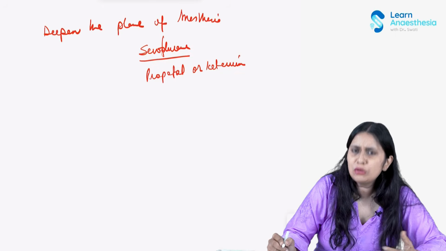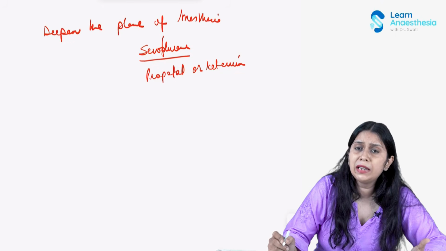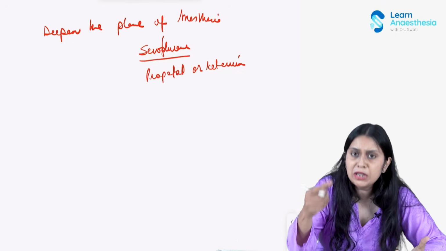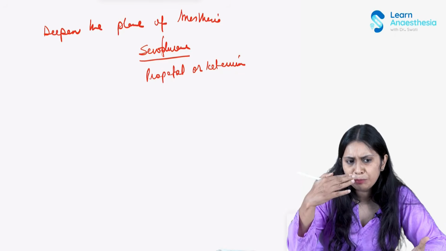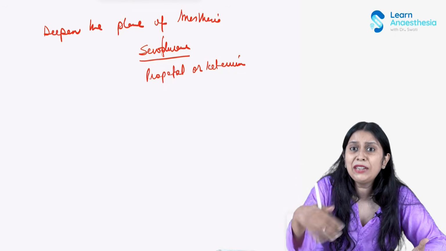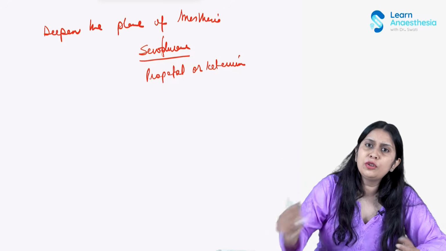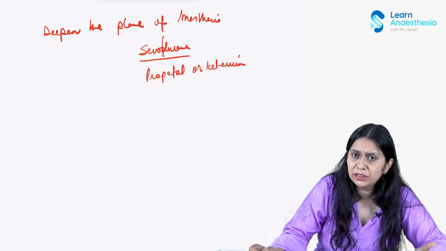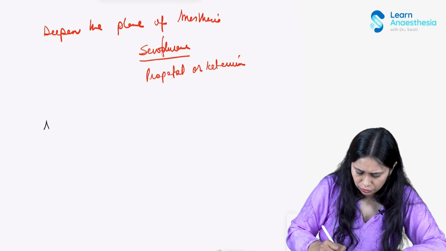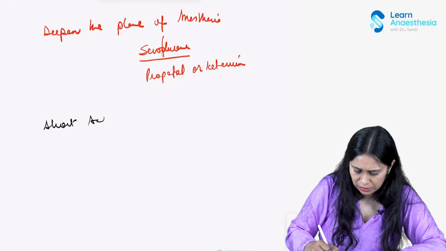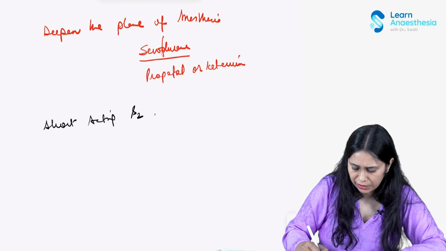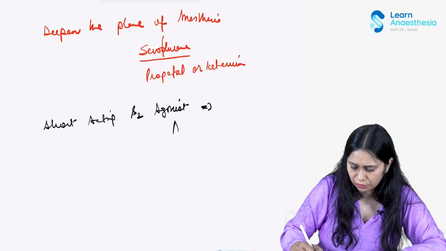We can use it through a nebulizer or through a metered dose inhaler. But be careful in giving 8 to 10 puffs, because most of the medication would be left in the tube itself. So we can give a short acting beta 2 agonist like albuterol.